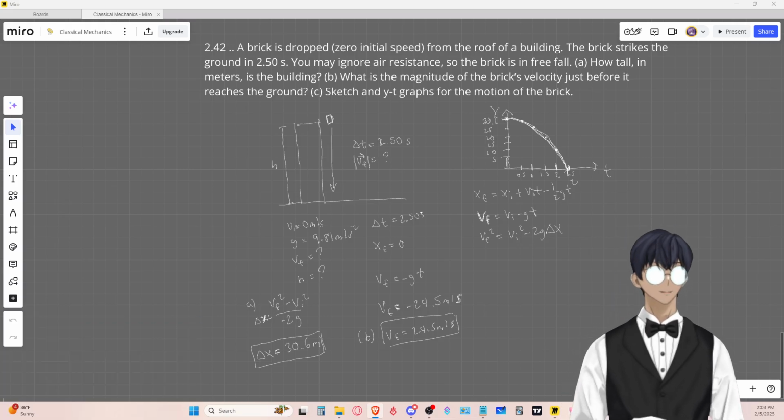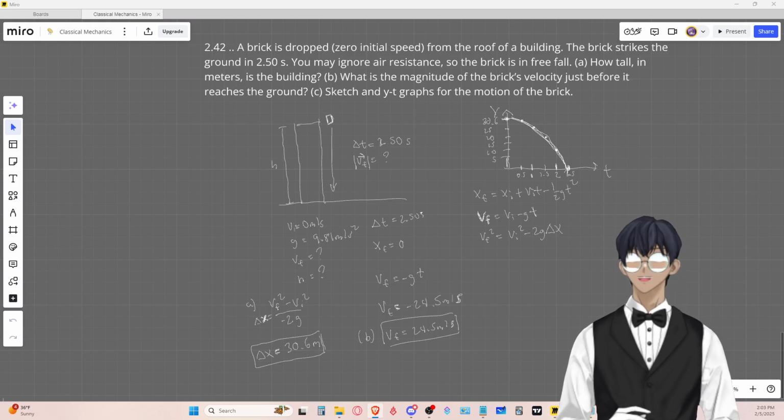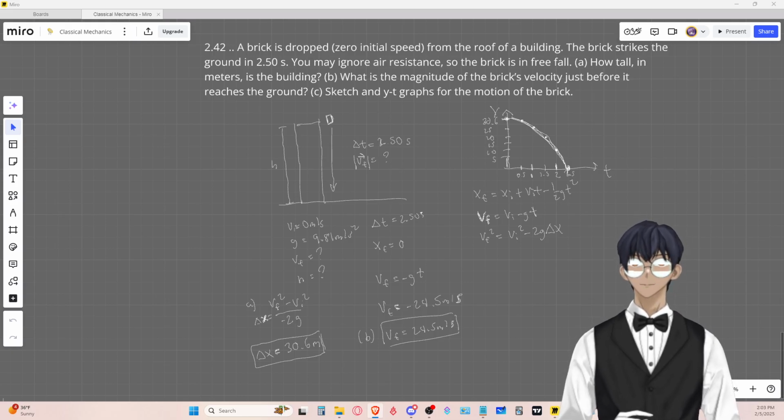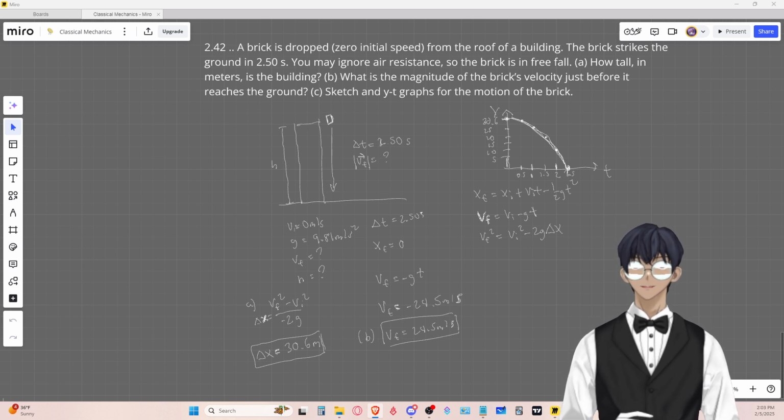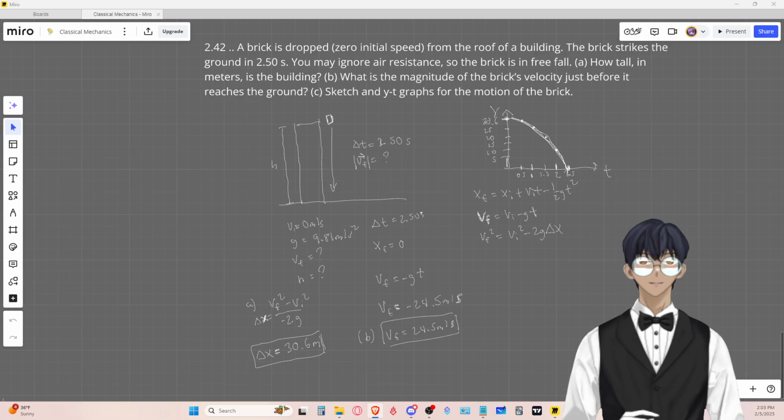I should probably restart the study counter, because I haven't gotten to the problems yet. We're still doing the second chapter, but I consider it chapter 1 of kinematic problems.